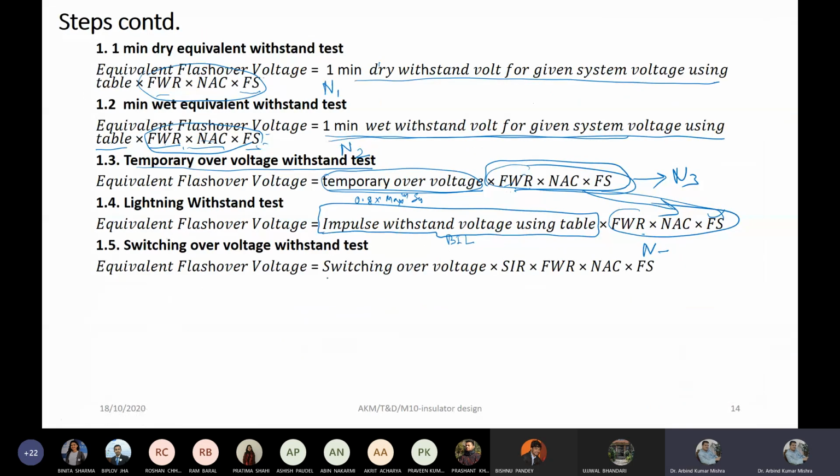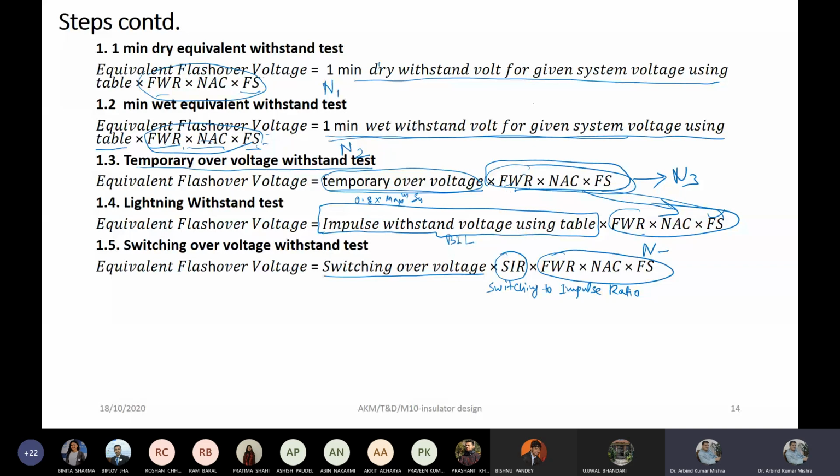And then switching overvoltage. You can calculate switching overvoltage based on the set SSR, switching surge ratio. These three are the same, but one new term comes here, called switching to impulse ratio.